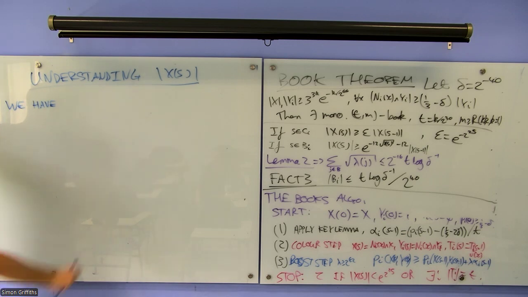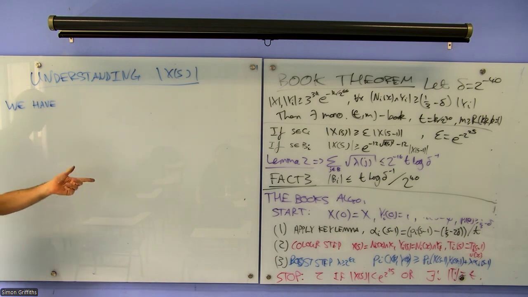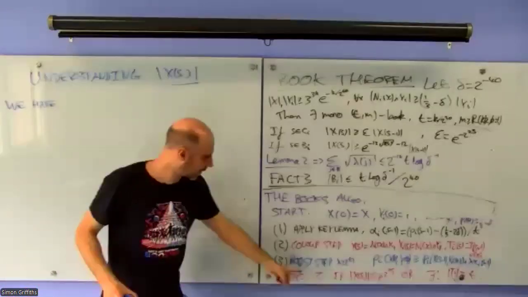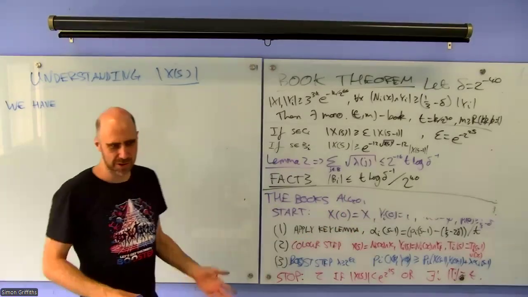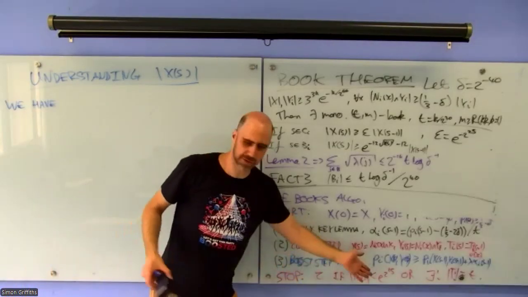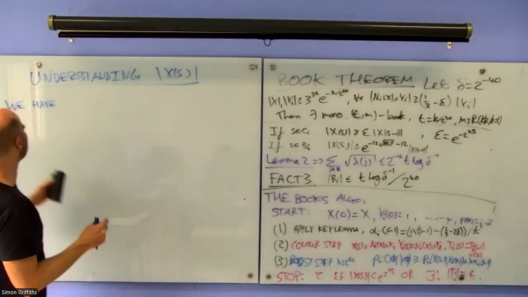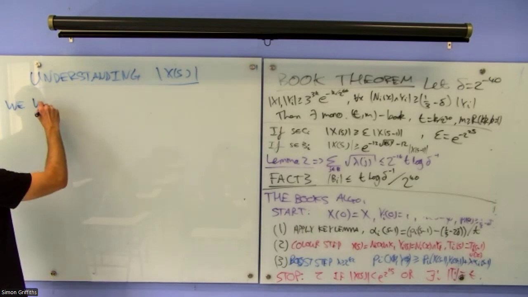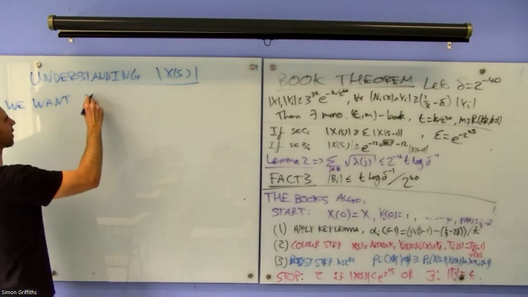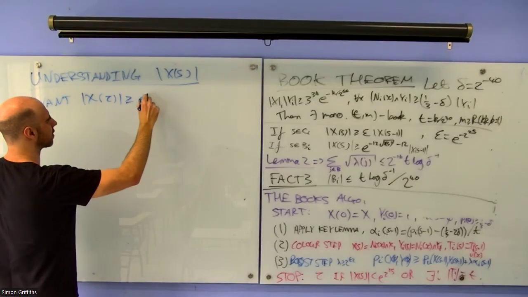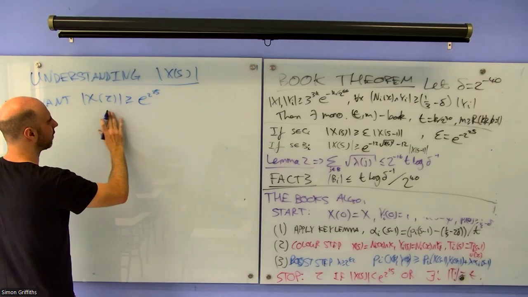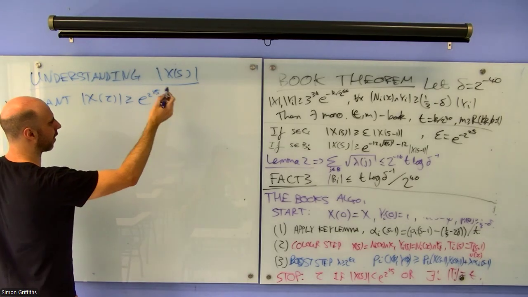Let's see what we want. At the end, we're going to stop if either X gets too small or we find what we want. So what we want is at the end, X is not too small. So we want X_tau to be at least e to the 2 to the 25. This happens to be our epsilon, or 1 over epsilon.